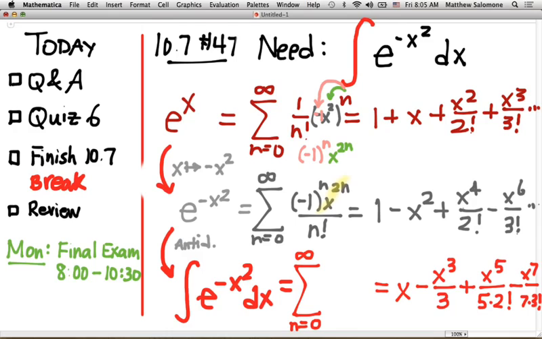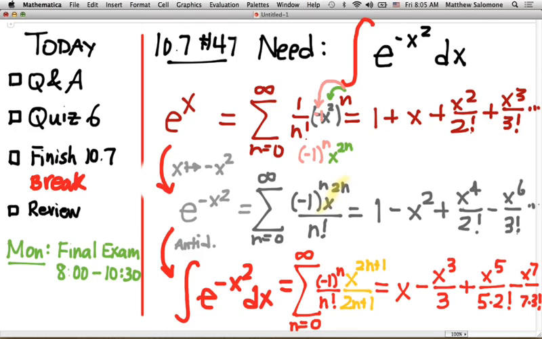So the minus 1 to the n and the n factorial are just going to come along for the ride. Minus 1 to the n over n factorial. And now all I need is to take the antiderivative of x to the 2n. And when you take the antiderivative of x to the 2n, what's the first thing you do? Raise the exponent by 1, and then divide by the new exponent. And that's all there is to it.